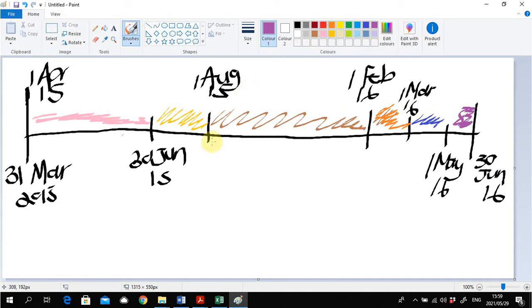And then at year end, we will recognize our interest as capitalized or not capitalized, and then also the interest earned. So let's use this timeline.